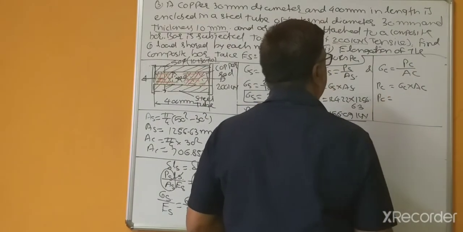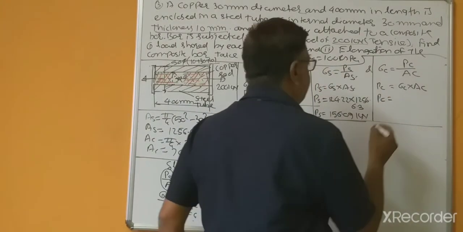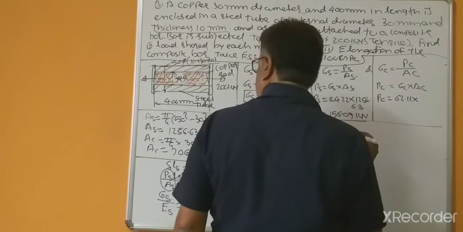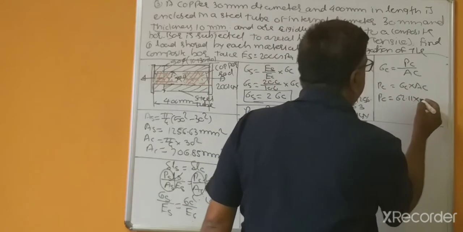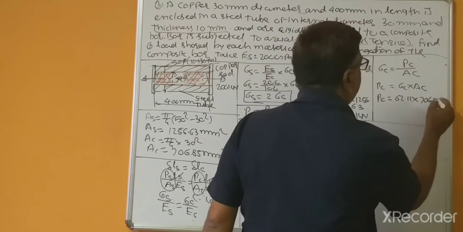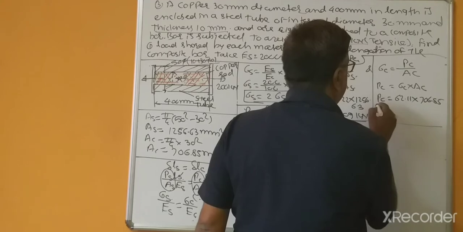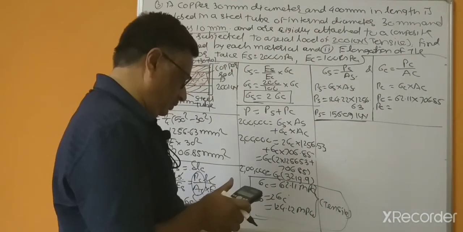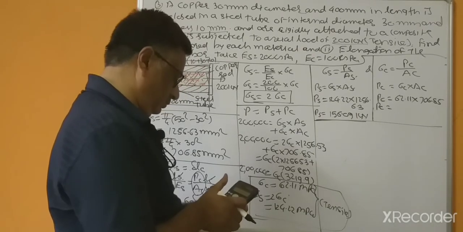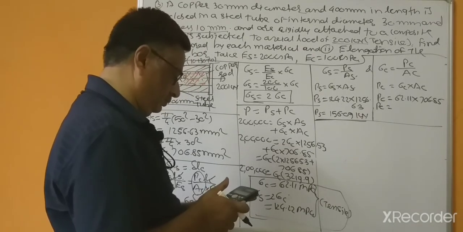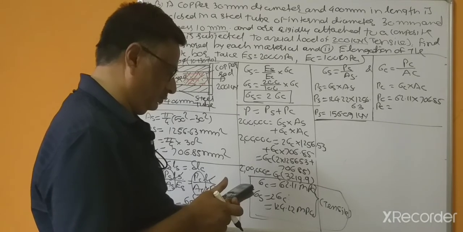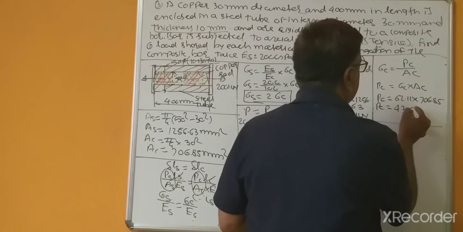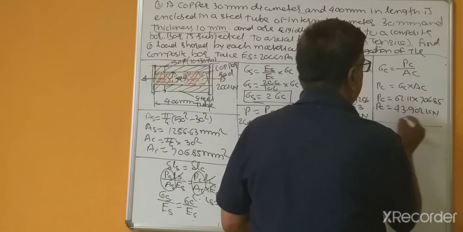PC equal to sigma C, 62.11, AC, 706.85, PC equal to 43.902 kilonewtons.